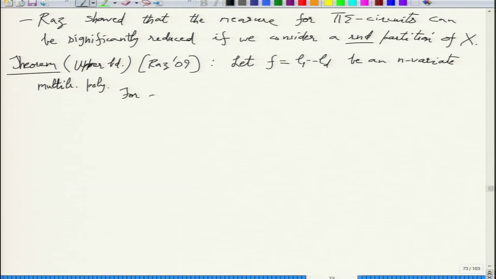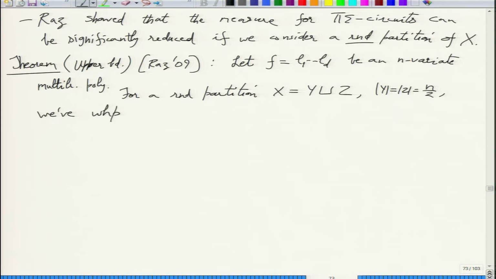For a random partition, and let's say these are equal parts, we have with high probability that the measure will be smaller than 2 raised to n by 2 minus n by 32.